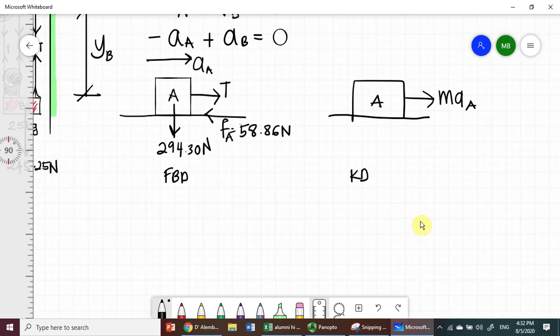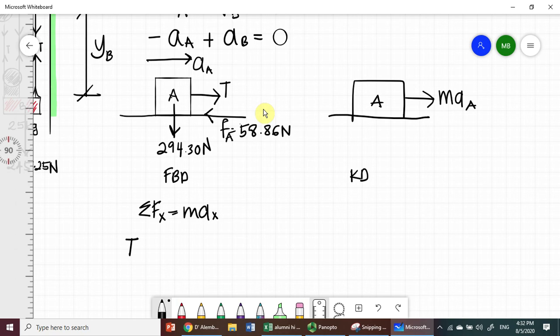Since the equation will be in the x direction, sum of Fx equals m a x. Since our block A is moving to the right-hand side, the dominant will be the T, the tension. So our tension will be positive.